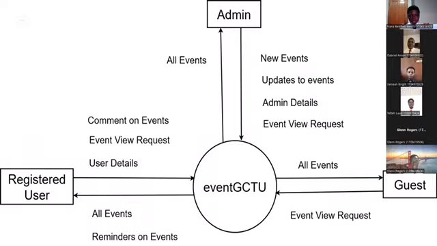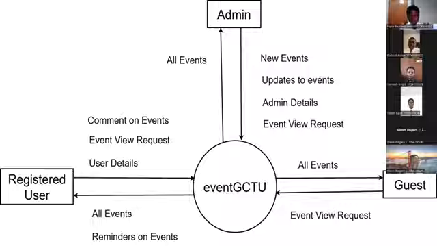Briefly, a context diagram shows how a system interacts with the external entities. Here in the diagram, we have the admin. The admin is able to input new events and update events. The admin can also view admin details and then view requests.